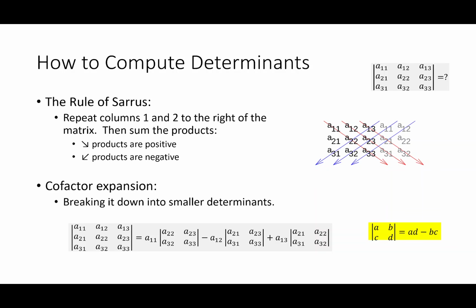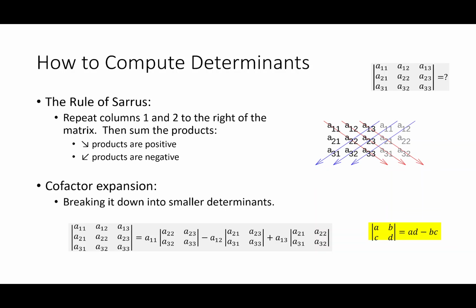How many of you, when you did a 3 by 3, would take the first two columns, stick them over here, and then say all the products this way minus all the products this way? How many of you have seen that before? Okay, the name for that is the rule of Sarrus. You multiply everything this way, all those products are positive, multiply everything this way, all those products are negative.